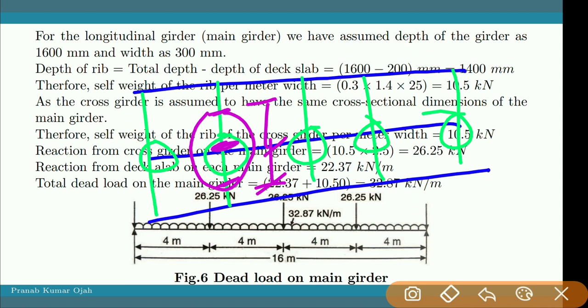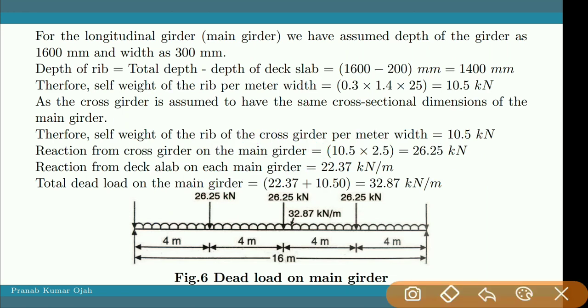That means a total 2.5 length of cross girder self weight is acting as a point load on every joint. So that's why the reaction from the cross girder on the main girder will be 10.5 into 2.5, which is 26.25 kilonewton, which is acting in this way.